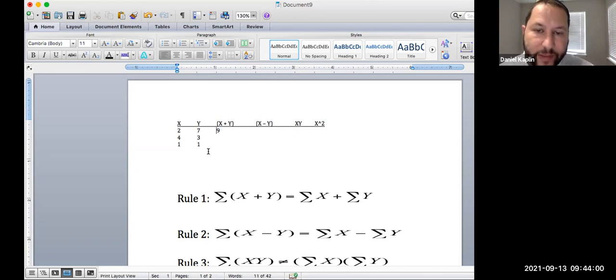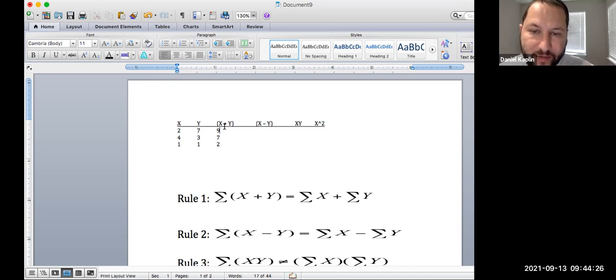So I'm going to put that 9 there. And then again, this would be 4 plus 3, which would equal 7. Again, just showing you my process. And then 1 plus 1 would equal 2, right? So now I've filled out that column.